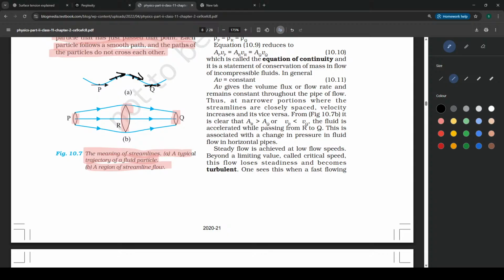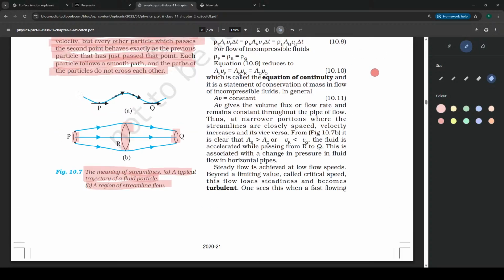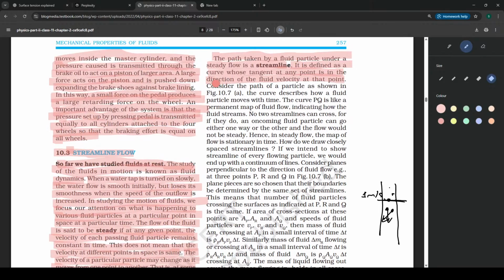And at this particular point, this is the direction of the streamline. Now then, let's continue. It is defined as a curve whose tangent at any point is in the direction of the fluid velocity at that point.